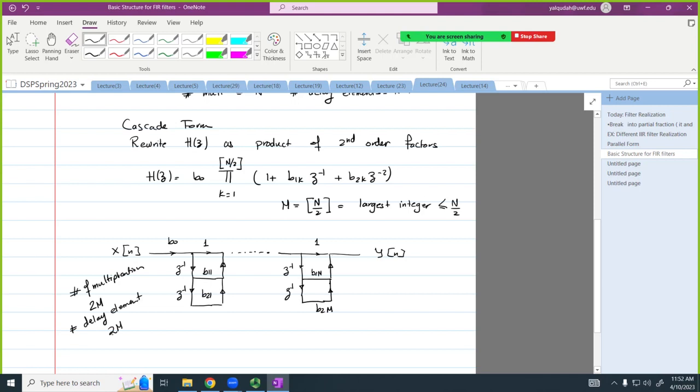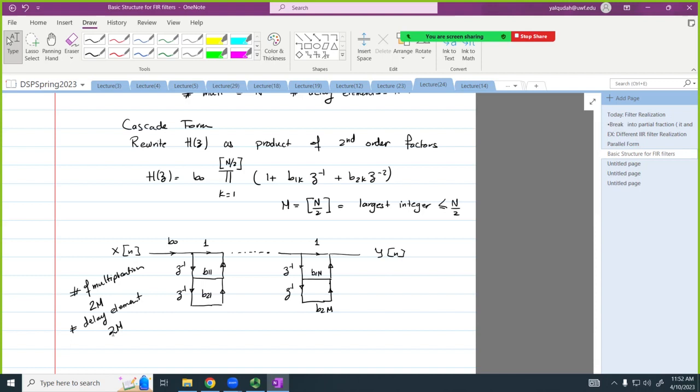It's also going to equal 2 multiplied by M. Because this looks similar to the IIR cascade filter with all the a's equal to 0, again because it doesn't have a denominator.